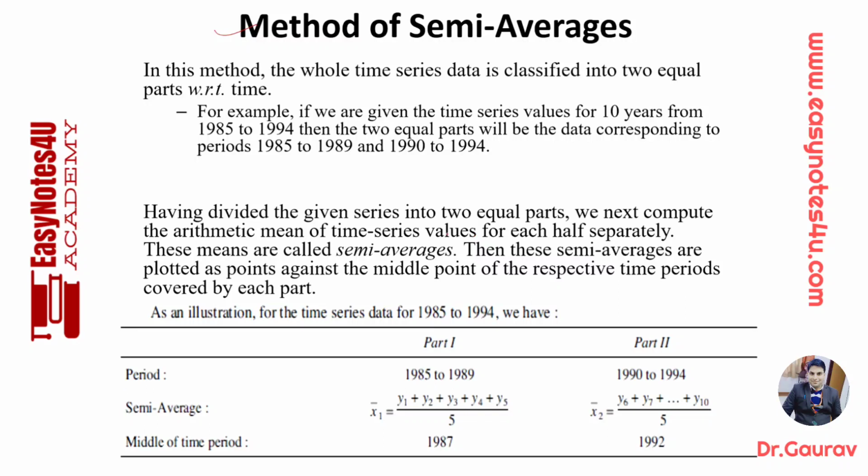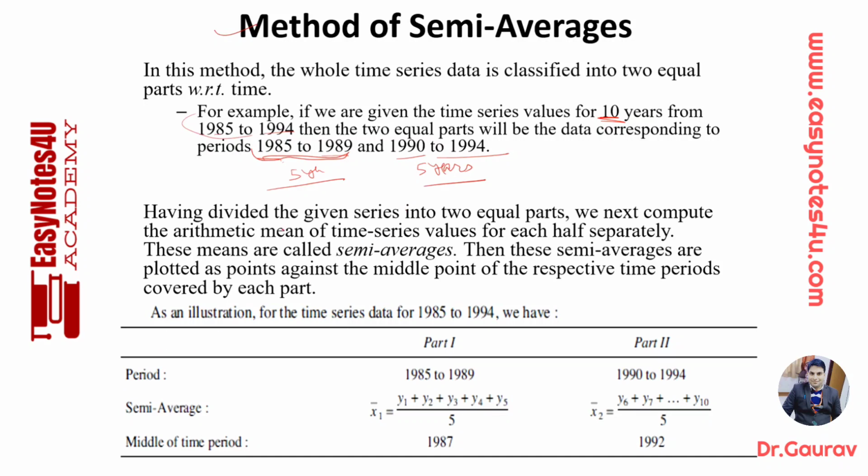In the method of semi-averages, for example, if we are given the time series values of 10 years from 1985 to 1994, then the two equal parts will be the data corresponding to the periods 1985 to 1989 and 1990 to 1994. So we have divided the whole series into two equal parts, 5 years and 5 years.